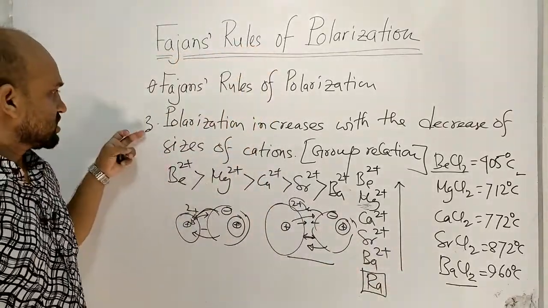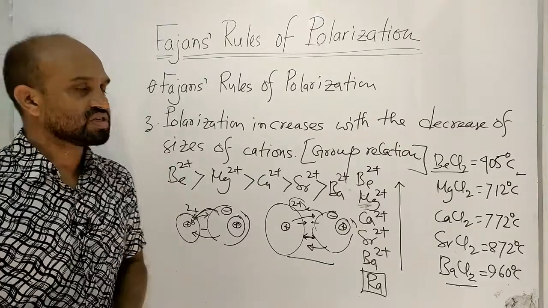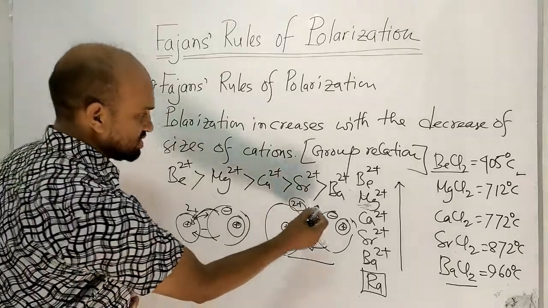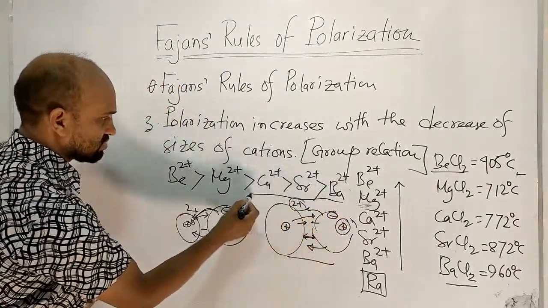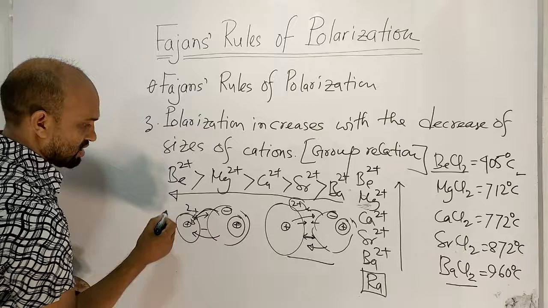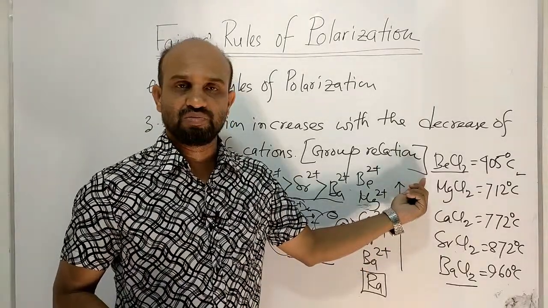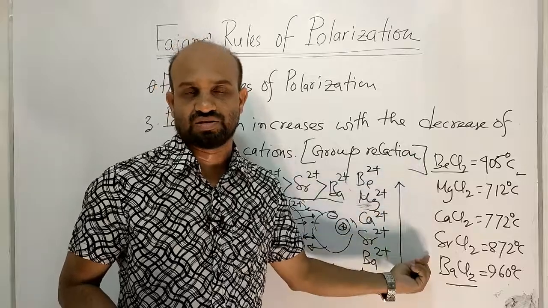So the point is polarization increases with the decrease of cationic sizes, and it is clarified with the melting points of these ions.